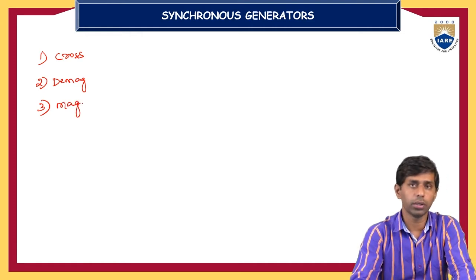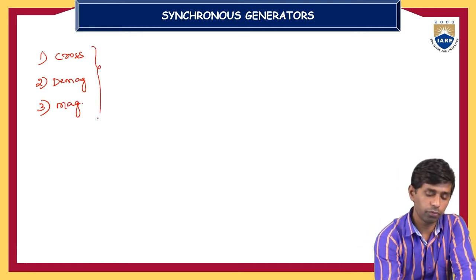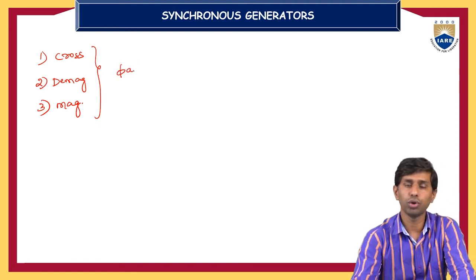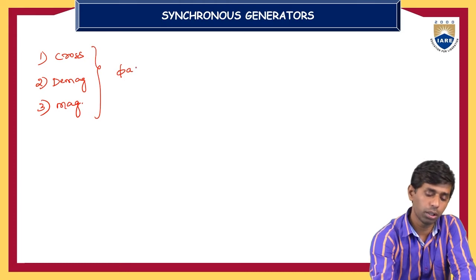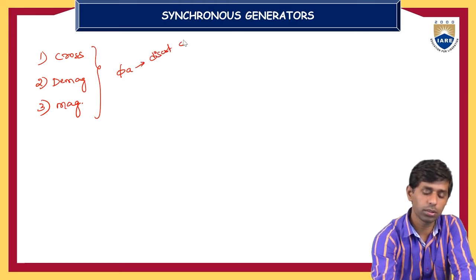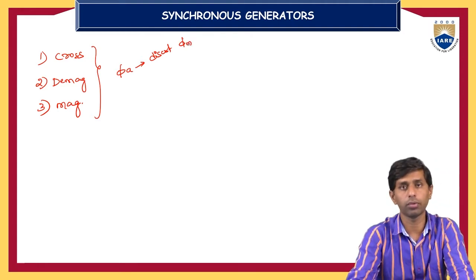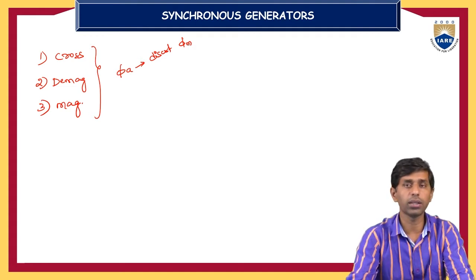So the flux produced by the armature will distort the main flux. It may be distortion, or it may be demagnetizing, or it may be magnetizing.